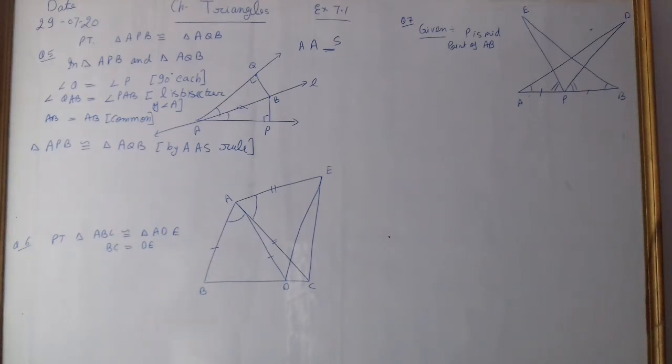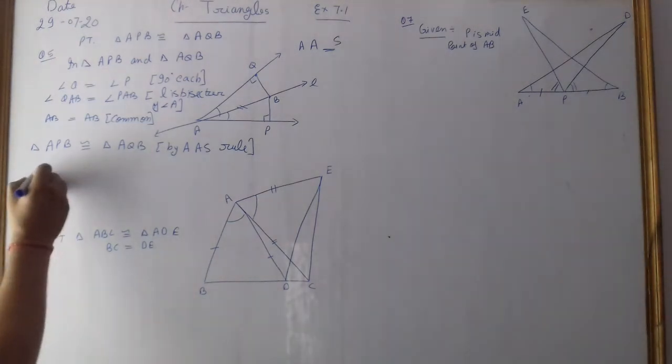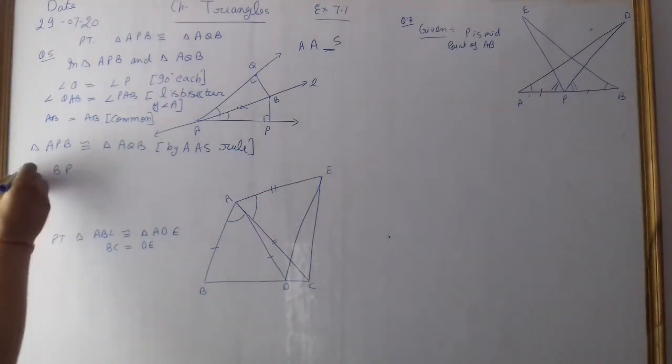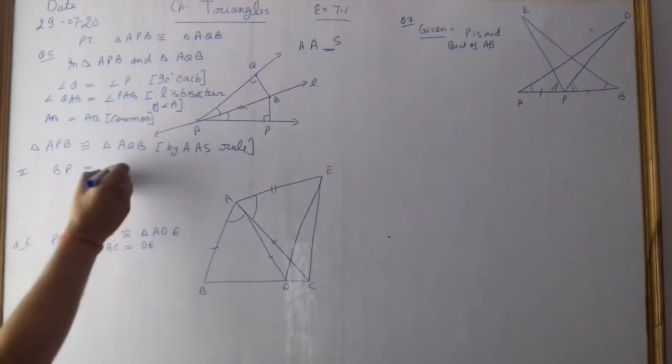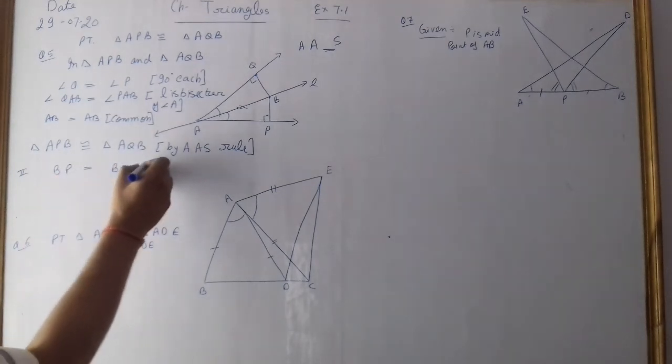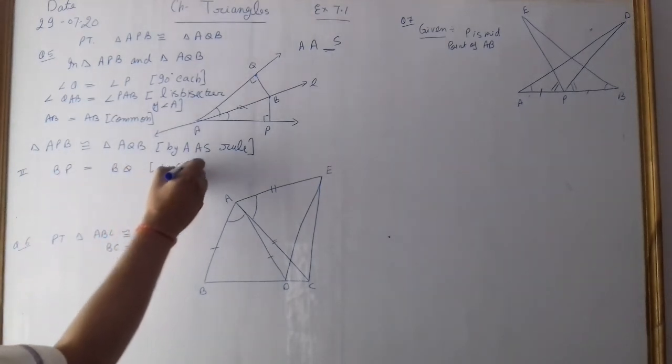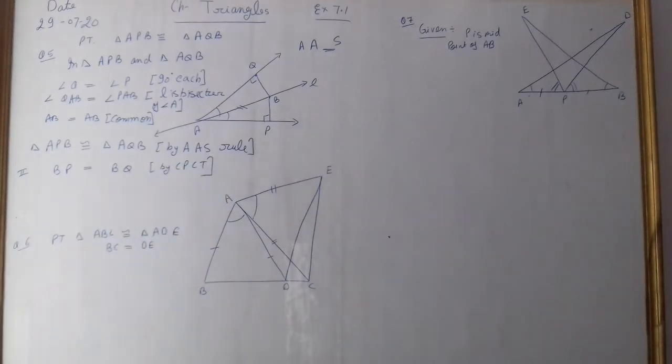Yes, you are right. That is CPCT, corresponding parts of congruent triangles. So we can write BP is equal to BQ by CPCT.